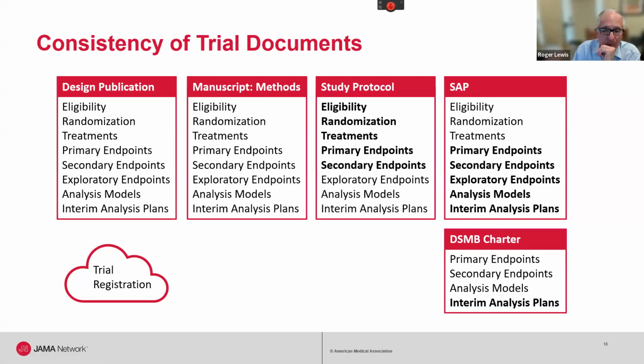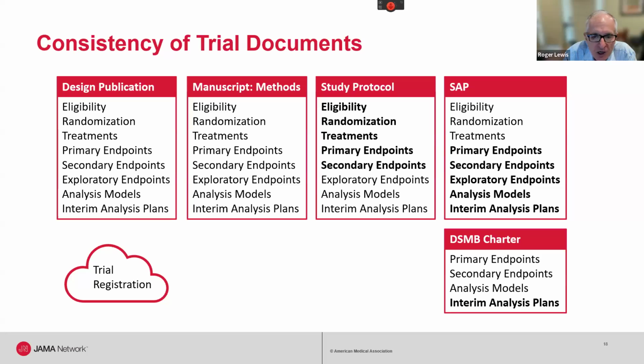There's also a DSMB charter if you have a separate data safety monitoring board, which sometimes has additional information about the interim analysis plans. And I should have mentioned trial registration. Notice how I have trial registration and the design publication in the same sort of column. They're both pre first patient in, ideally, records of what you were thinking when you started the trial.